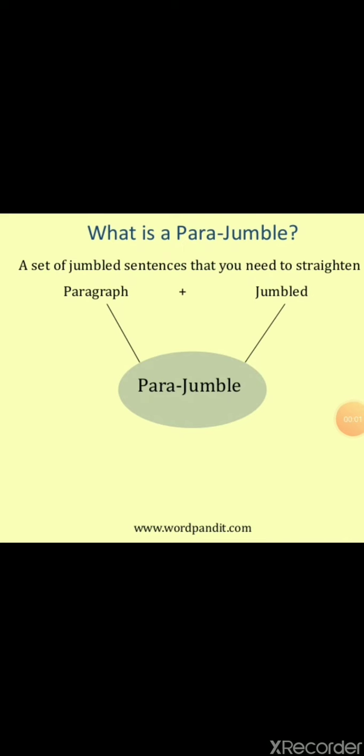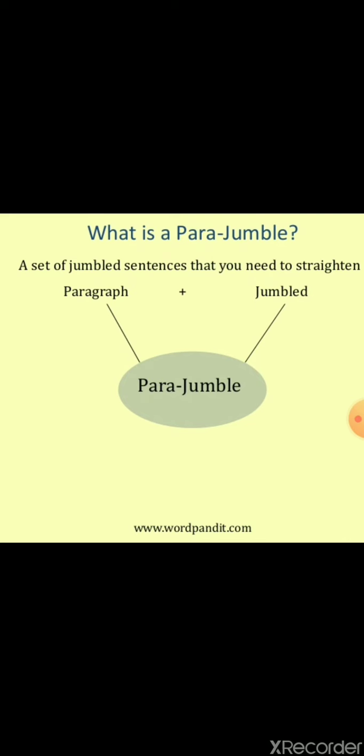Okay guys, in a parajumble quiz or session, what are we talking about, why are we doing so, and what do we need to do? Basically we need to work on the sequence, the straightening portion. What do you mean by straightening? Straightening is just smooth, straight, without any upheavals. Going with the flow, when the flow is not changed, that means the straightened pattern.